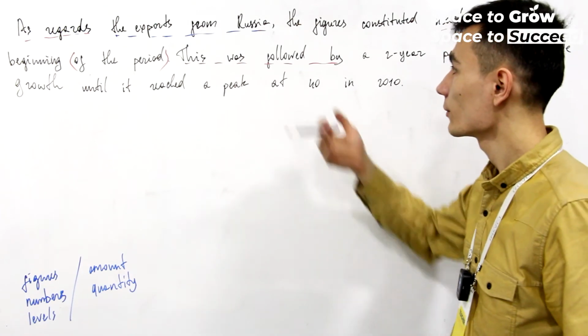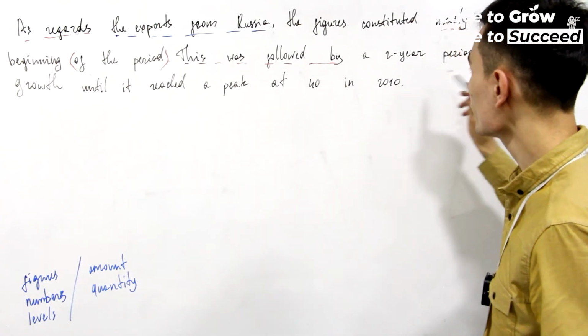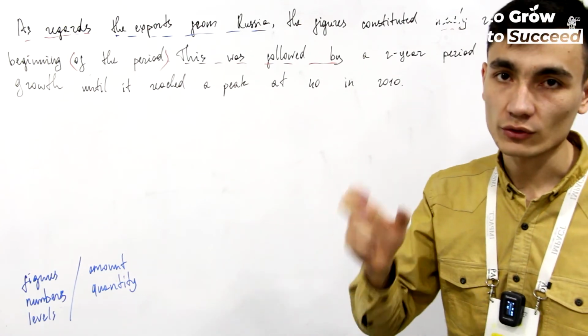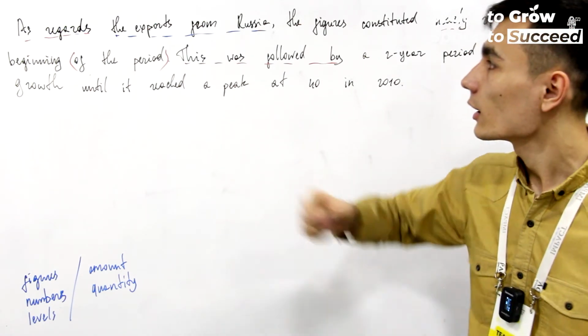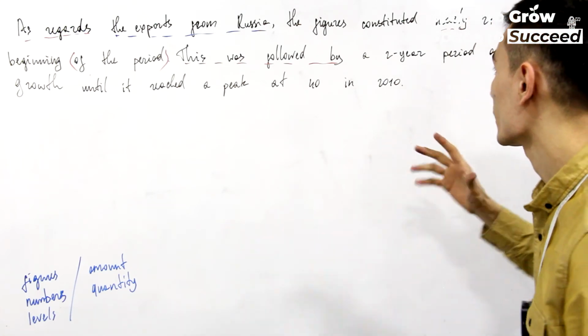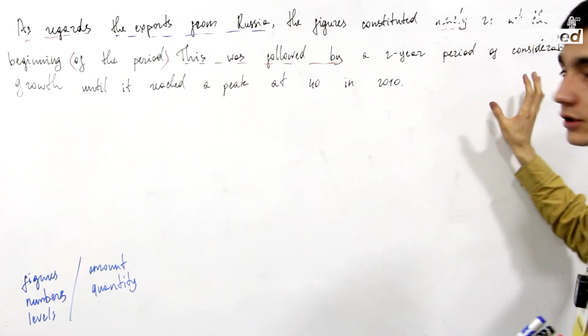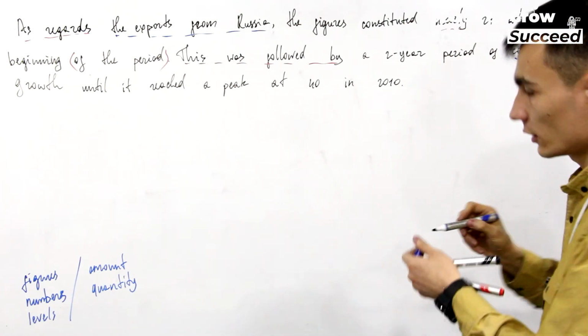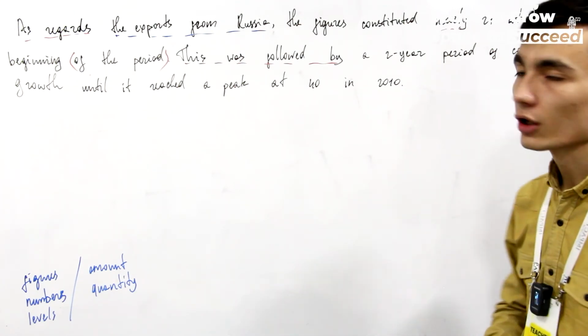It's a good structure, passive voice. "A 2-year period": I indicated that I'm talking about 2 years, not 1 year, and I'm grouping information here. "A 2-year period of considerable": you have to use synonyms to show the level of growth or decline you're talking about.